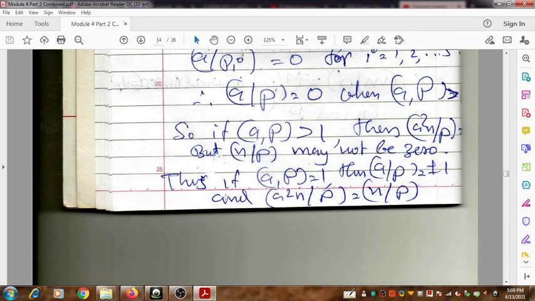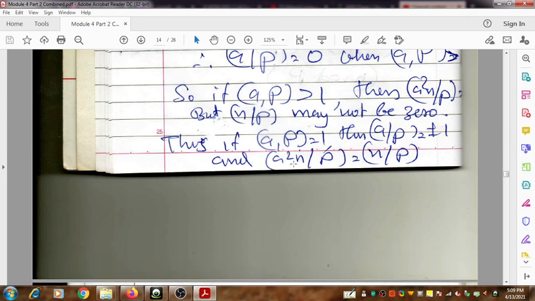If the GCD of a and p equal to 1, then a bar p, in general, is the Legendre, the Jacobi symbol, because p is any odd prime number. So this Jacobi symbol may be either +1 or -1. That value will be +1 or -1.